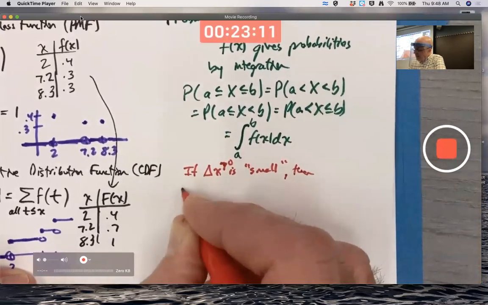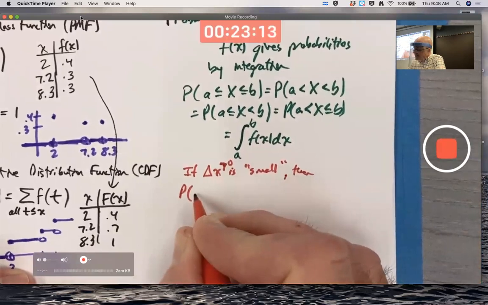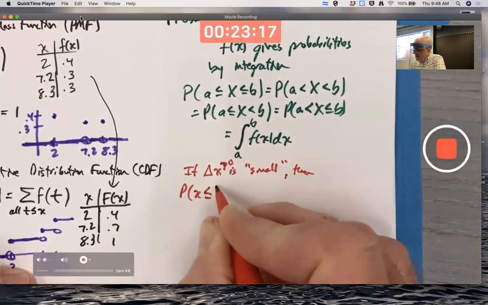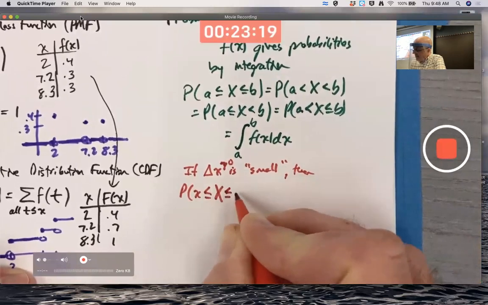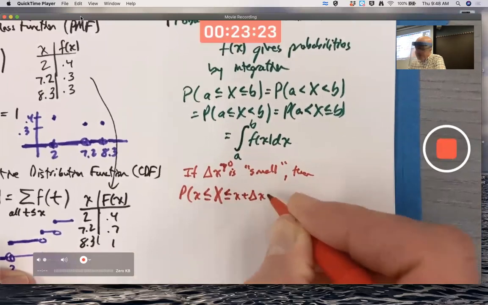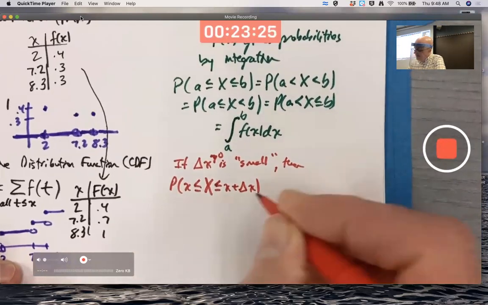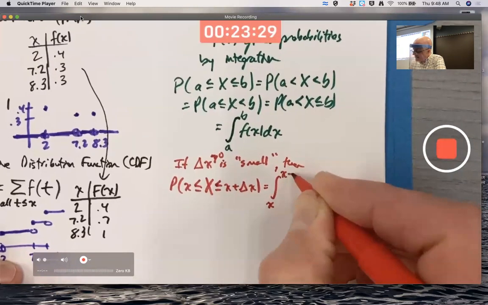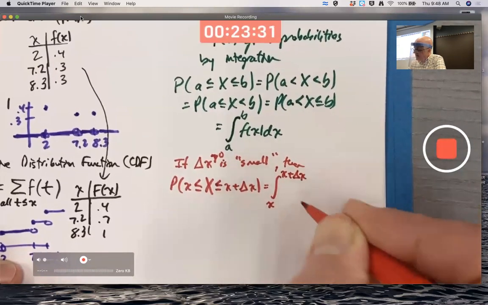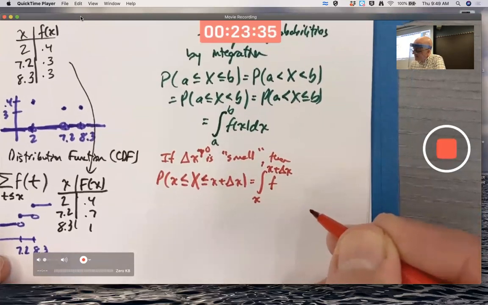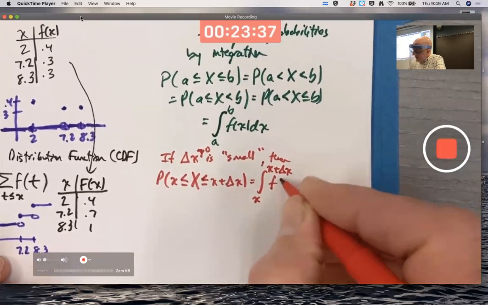Then the probability that x is between, say, a given number, little x, and a number a little bit bigger, little x plus delta x, technically, is the integral from x to x plus delta x of the PDF. And since I'm already using an x in the limits of integration, I should probably use some other letter now, like t.